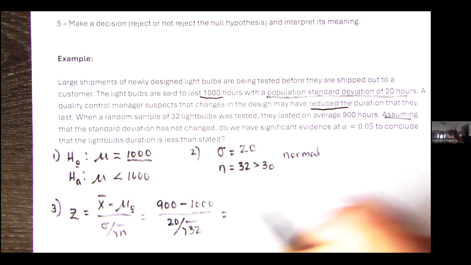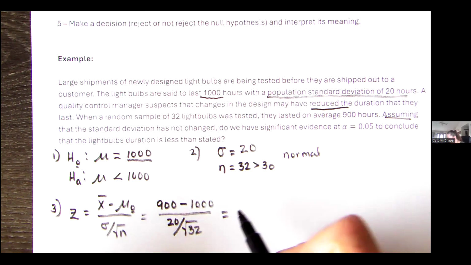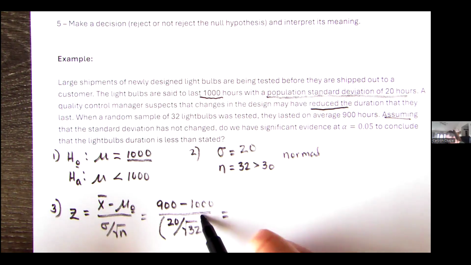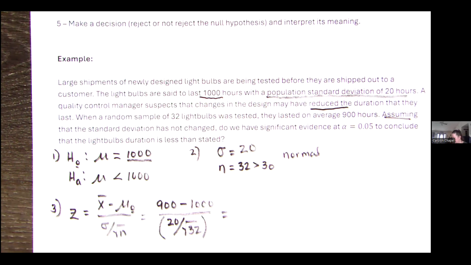So I'm going to calculate this number. So making sure to take my 900 minus the 1,000, getting that value first before I do my dividing. And when I divide, I want to make sure to put extra parentheses around this to make sure I'm taking that value divided by that whole part.